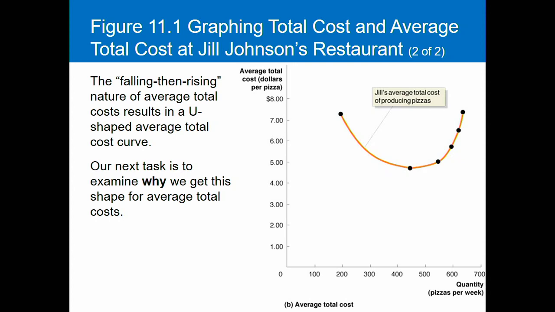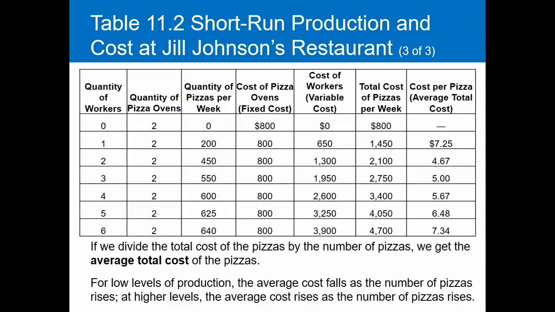We have our average total cost of what, $7.25 with 1 employee. We see it drop down and then slowly increase again over time. So we get that U shape for the average total cost. Initially, for the average total cost, fixed cost is a large portion of that.